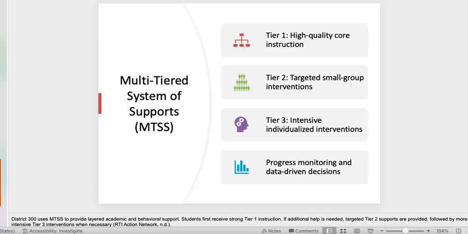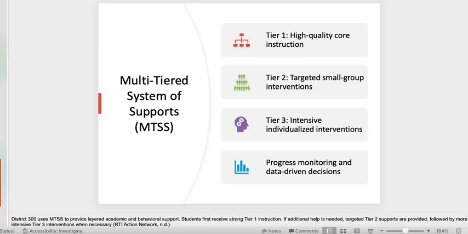Tier 2 provides targeted small group interventions for students who need additional support beyond the general classroom instruction. Tier 3 provides intensive, individualized interventions for students who demonstrate significant learning needs.